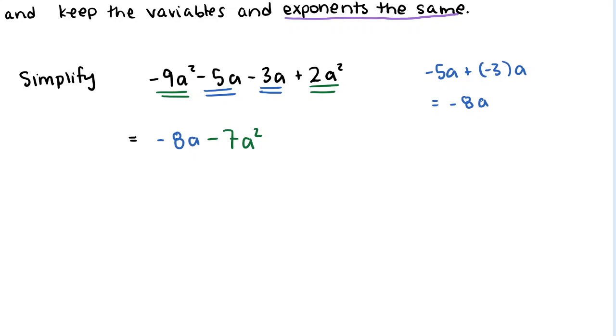And then is there anything more left to combine? Well, here, these two terms, they're not like terms. These can't be combined in any reasonable way to get an equivalent expression. And so we just have to leave this expression as is. This is as simplified as it can get.